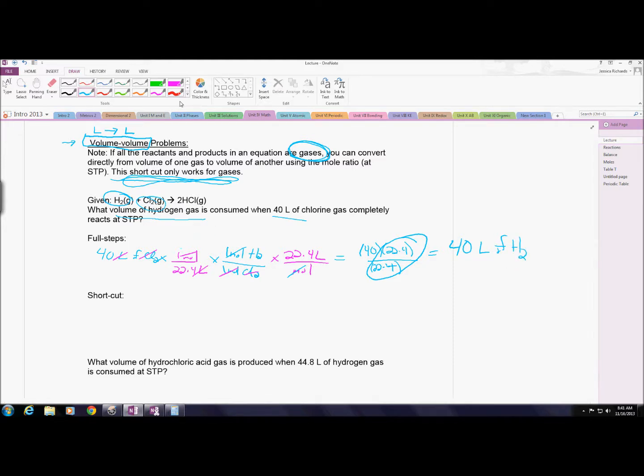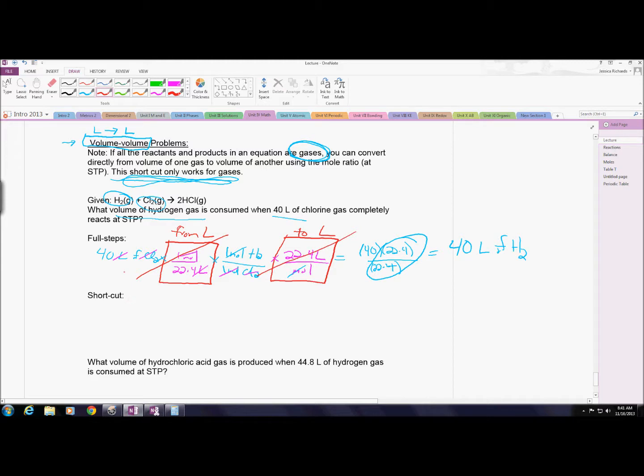So the shortcut is when we are going from liters to liters, because we're not using formula mass where this number is different. It is always 22.4 liters for every gas. This conversion to liters or from liters, and 2 liters will always cancel itself out. Always going to cancel.